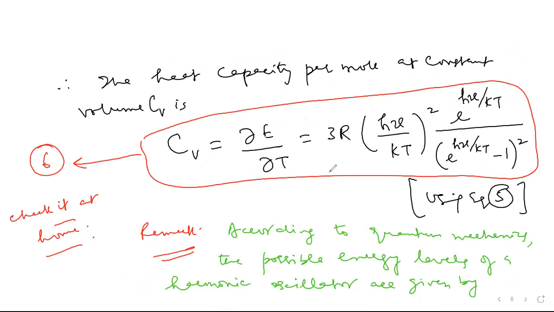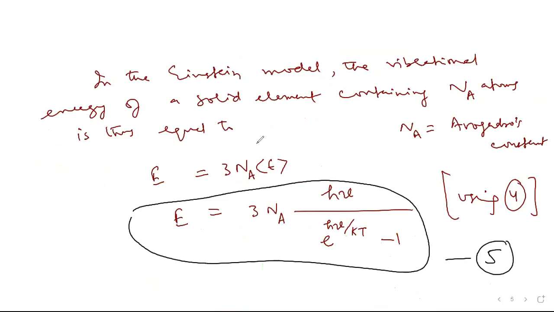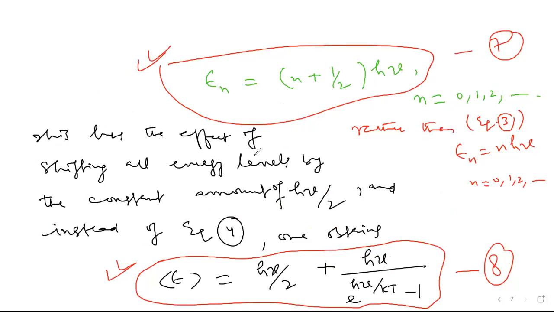To get the total energy for 1 mole, you multiply by 3 Na, giving one additional term, 3 Na h nu by 2.